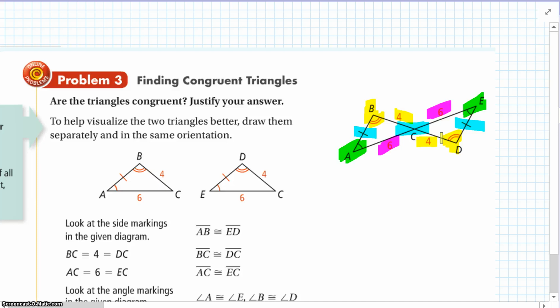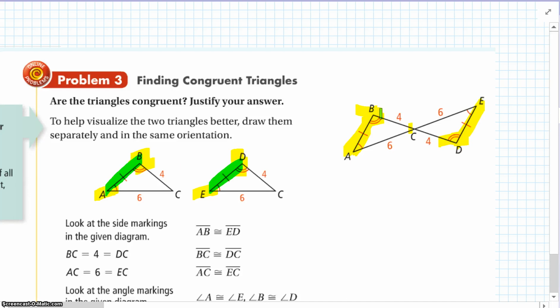All right. Another way we could do it. So yeah, they're going to be congruent triangles. Another way to do it is rewrite your triangles with matching sides. So we know angle A and E are the same. We know angle B and D are the same. We know BA is congruent to DE, so we have that marked right here. We know BC is 4.